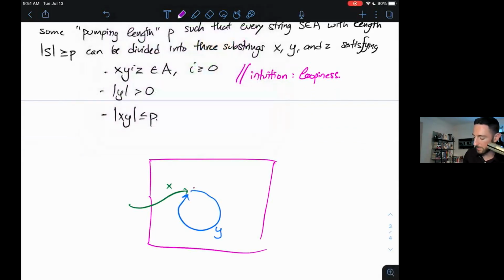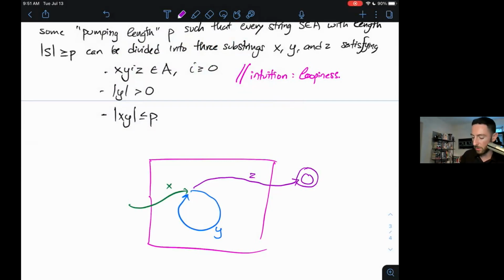And if we visit some state twice, then we have a loop. So our string X, the idea was it was the sequence of symbols that took us to the beginning of the loop. Y was the sequence of symbols that took us around the loop. And Z was the sequence of symbols that took us to the accept state.